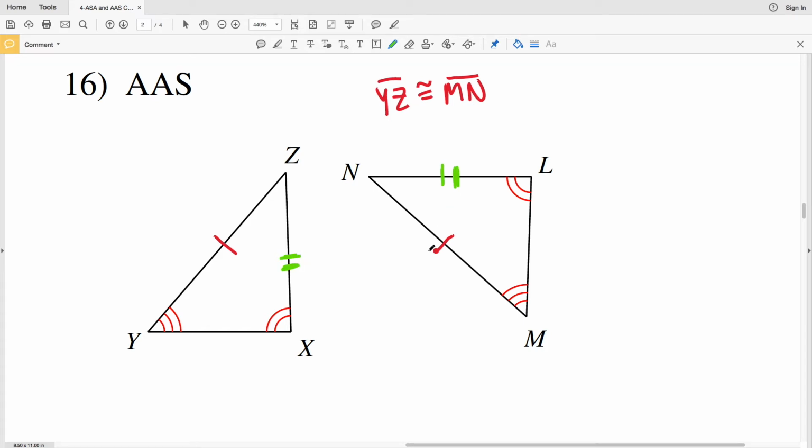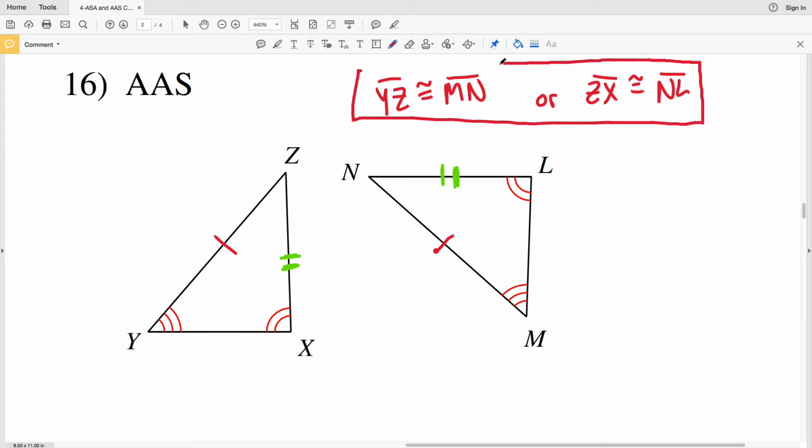So we could also say that XZ or ZX is congruent to NL. Either of those would be true for AAS congruence because both of those sides are non-included. Just make sure that you have the correct sides congruent to each other. So YZ is not congruent to NL.